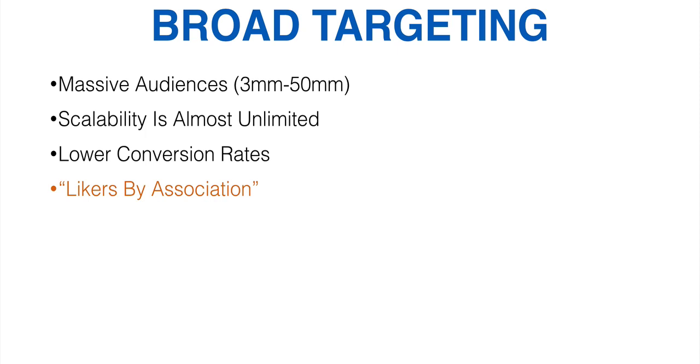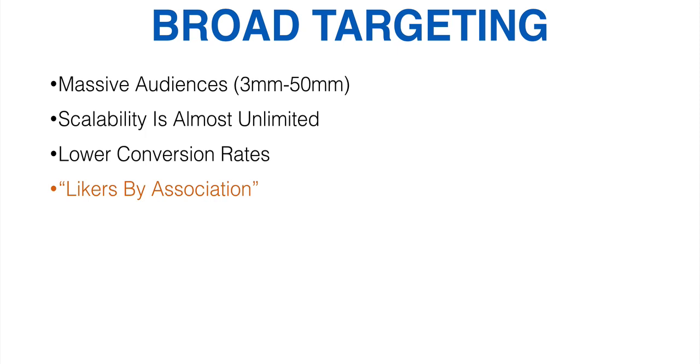And what happens is when you like posts and you like pages and stuff like that have to do with certain niches, you are thrown into a pool of likers by association. Generally, these people end up in broad targeting keywords because it's kind of like anybody that's even vaguely associated with this keyword is thrown into the target audience.